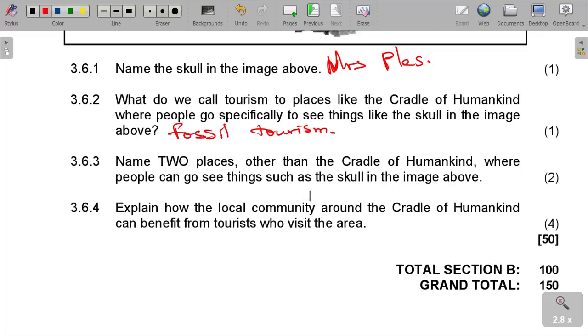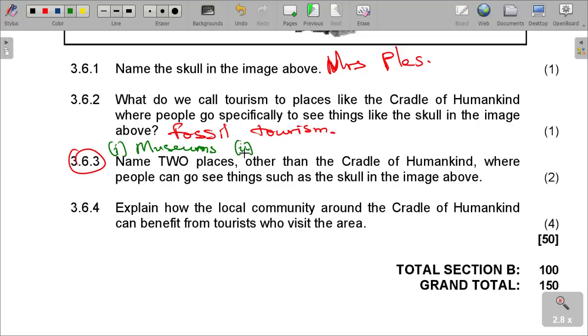We can talk about question 3.6.3, other places. We can talk about one other place that people can go. One, museums. People can go to the museums.